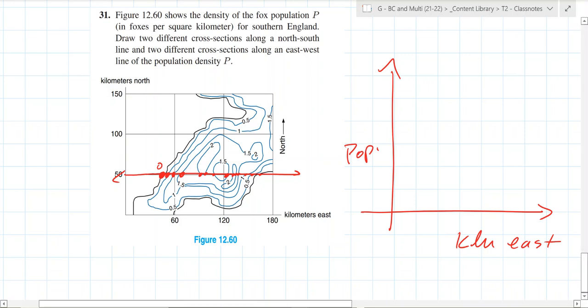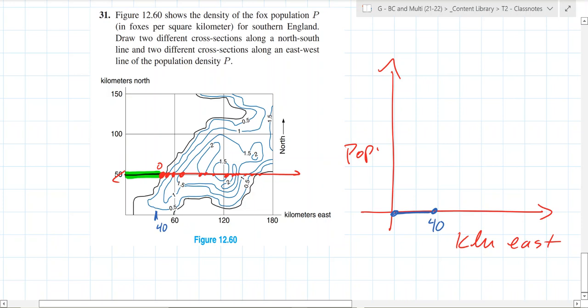What is the density from 0 to here? It's 0, right? There are no foxes. So what's going on? From 0 all the way to about, what's this value right here? If that's 60, I don't know, maybe that's 40. So from like 0 to 40, it's 0, right?